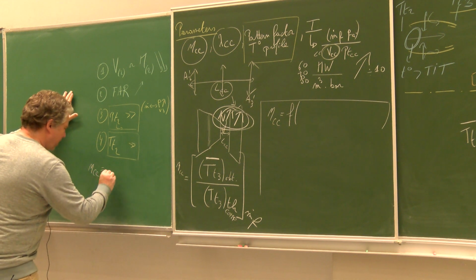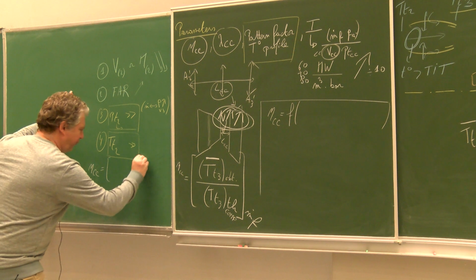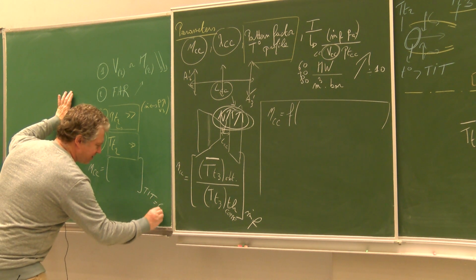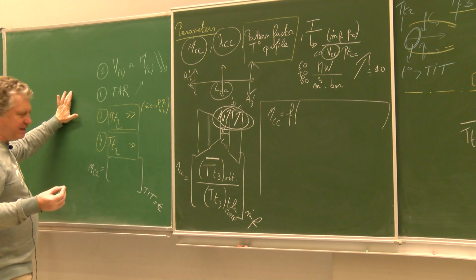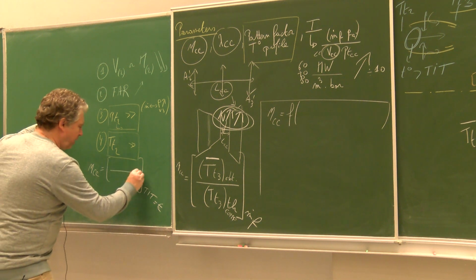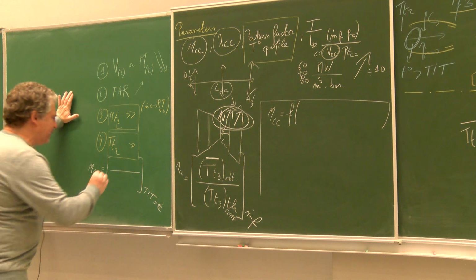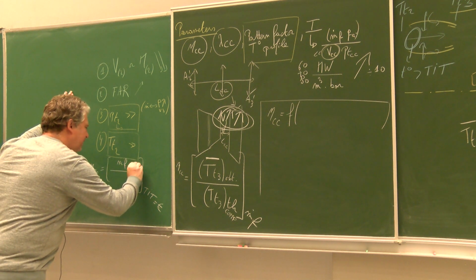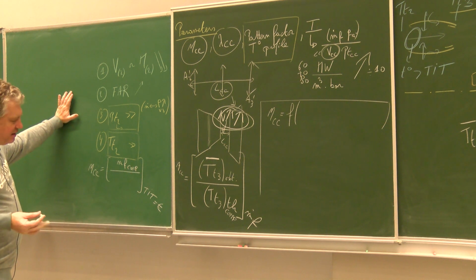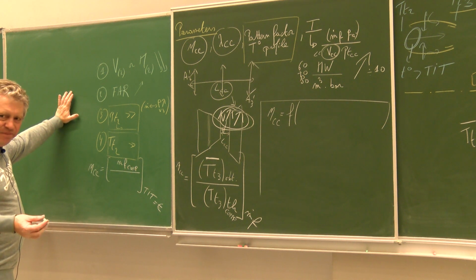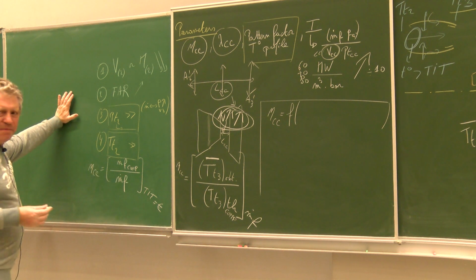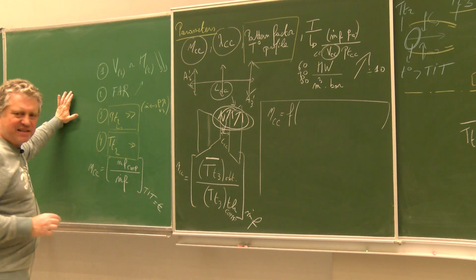Eta Cc could also be defined for a certain TIT that is, let's say, fixed. And you could compute the m dot f that is needed to reach this TIT, and you could inject a certain amount so that you reach this TIT.